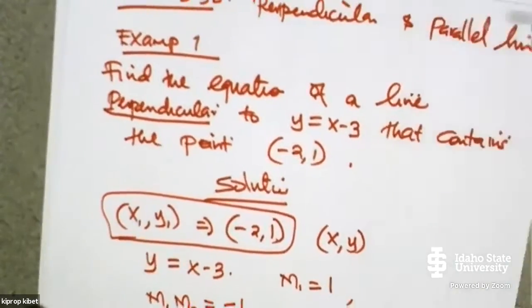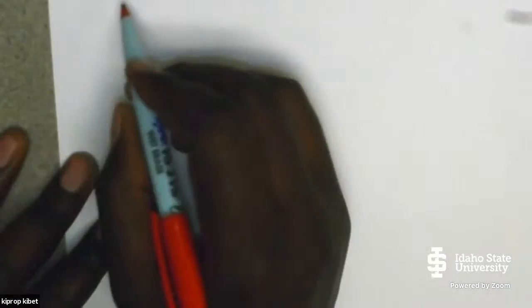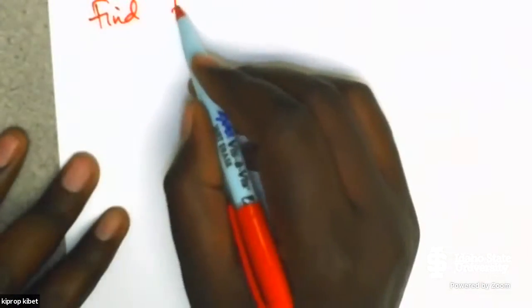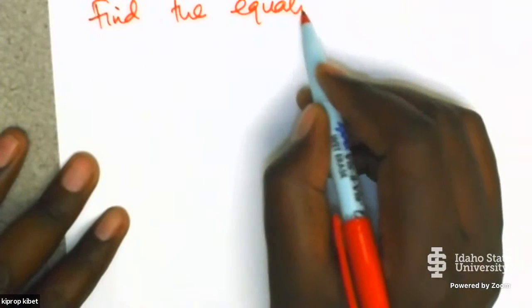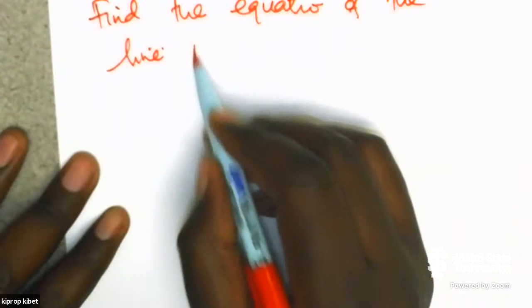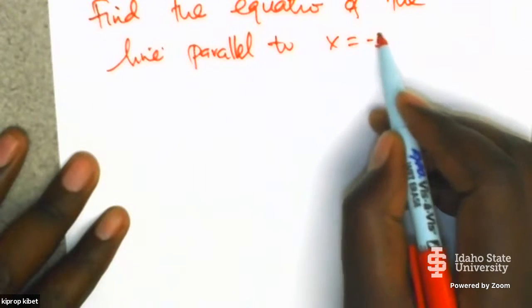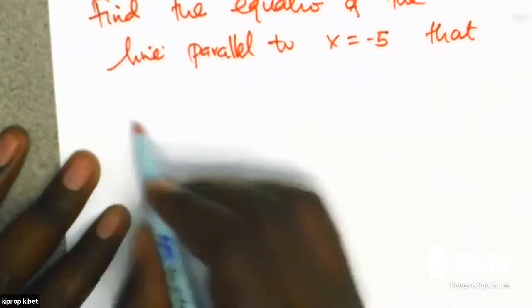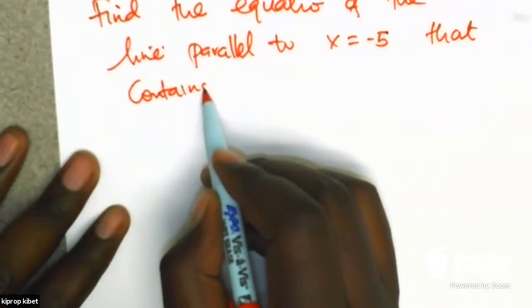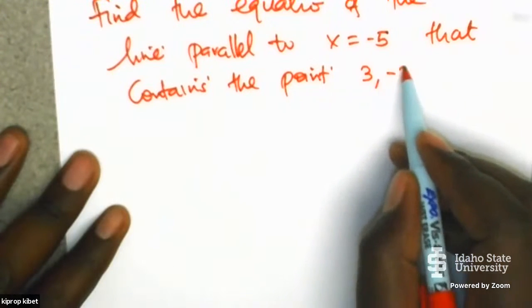So another example. Find the equation of the line parallel to x equals -5 that contains the point 3, -2.